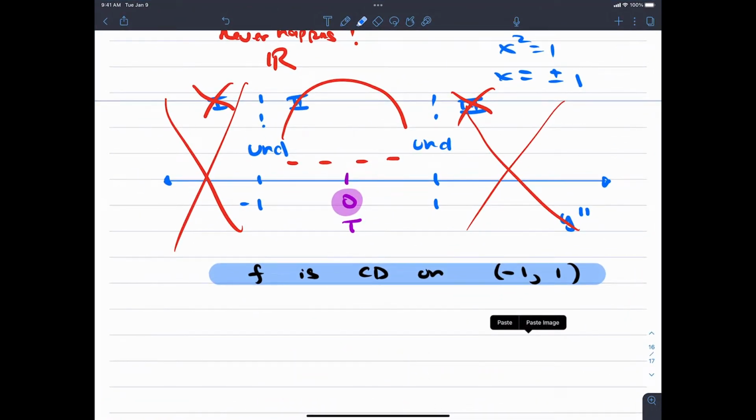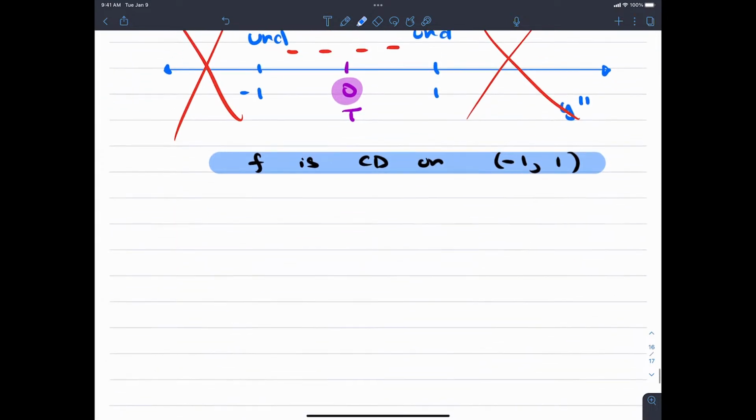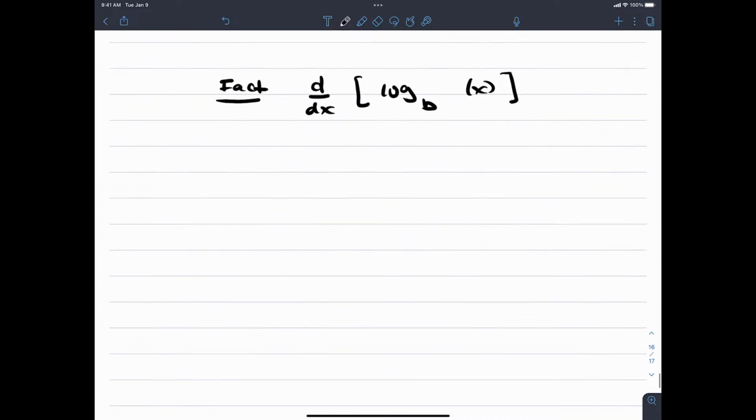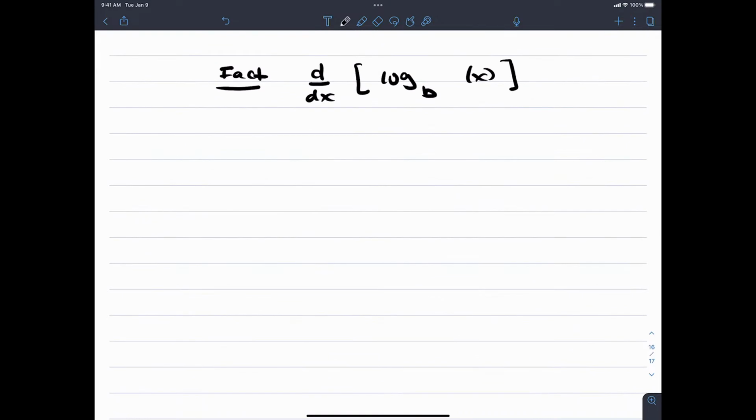Anyway, good things. And then, generally speaking, let me do this. If we can get it in, I hope we can get it in. Remember we did the change of base yesterday, right? I'm going to give you a fact about how to differentiate log functions in general, because we looked at a particular log function.